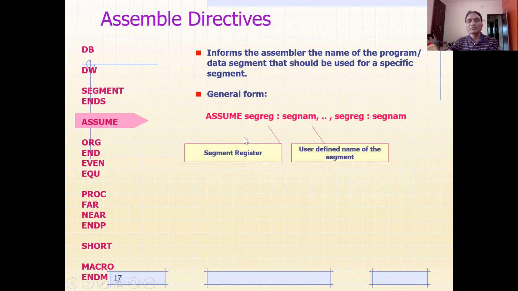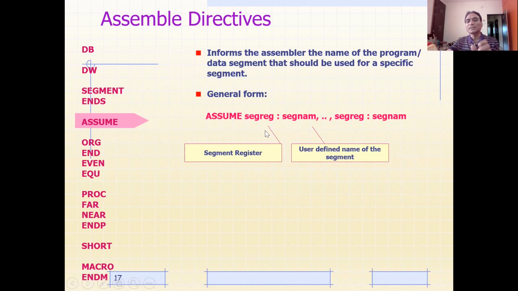Similarly, I can give you an example of ASSUME. As we have already discussed, ASSUME is one of the assembler directives which indicates the start of a logical segment. You can see ASSUME segment register colon segment name.